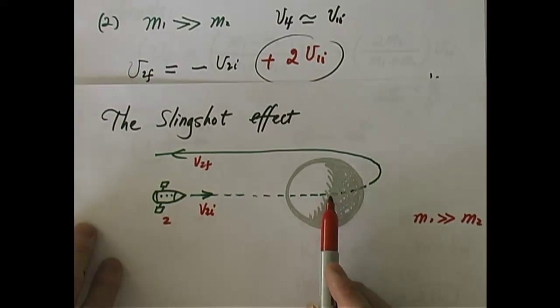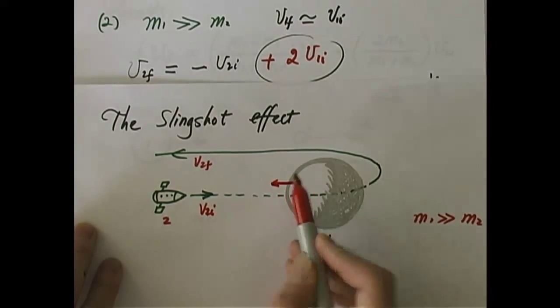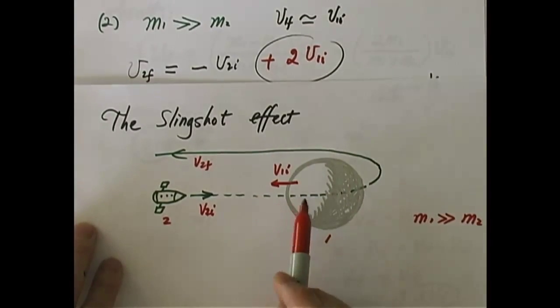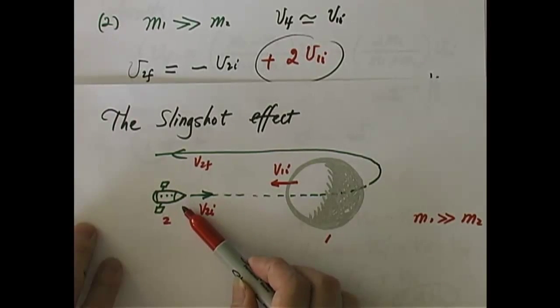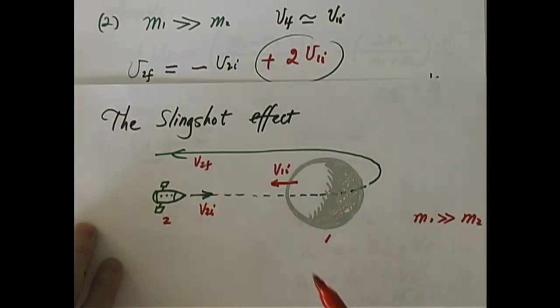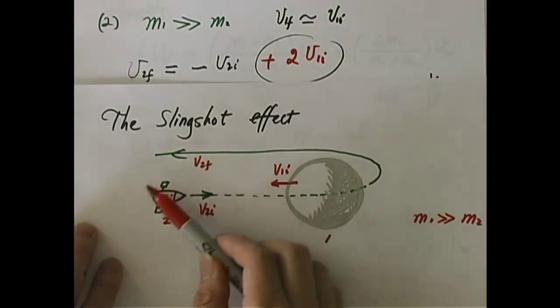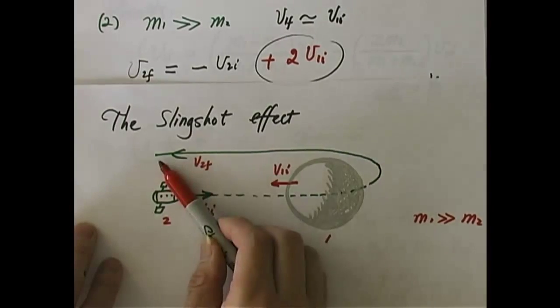If the moon is moving with a certain velocity, V1 initial, if the moon happens to be moving towards the space probe like this, then according to our analysis, after the encounter, the space probe will move backwards.